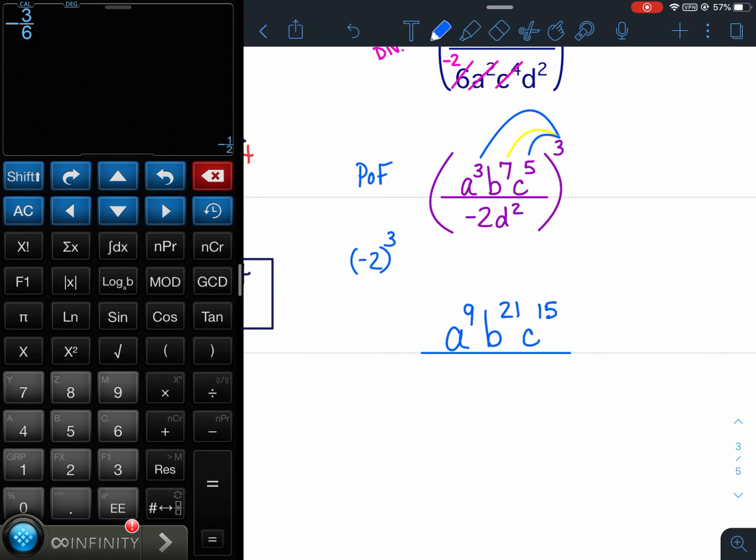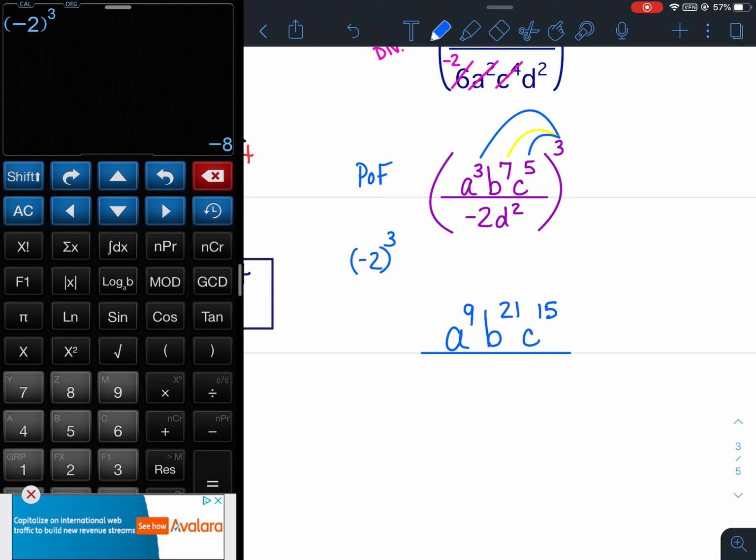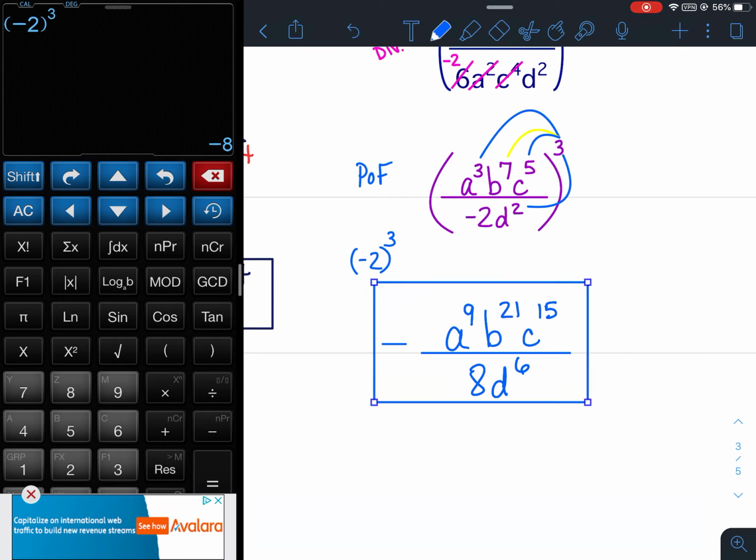On the bottom, I'm going to start with my negative 2 to the 3rd power. Negative 2 cubed is negative 8. So I'm going to move that negative out front, put the 8 on the bottom, and now the last thing I need to do is multiply the 2 times the 3 to get my d to the 6th. So my final answer is negative a to the 9th, b to the 21st, c to the 15th, over 8 d to the 6th.